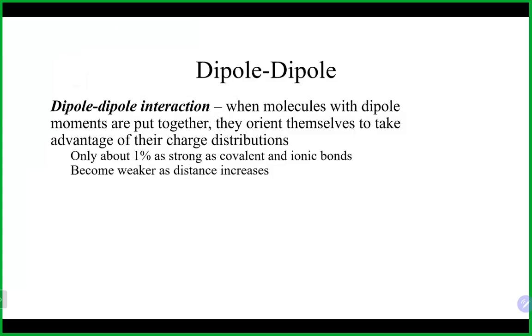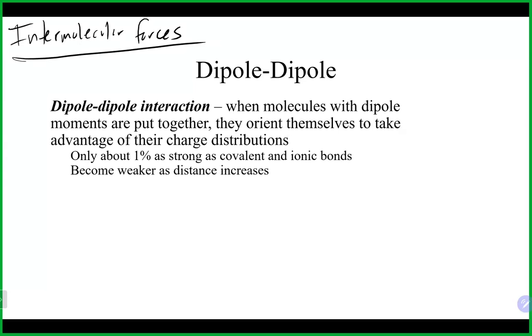So we're going to talk now about some different types of intermolecular forces. These are all intermolecular forces we're going to talk about. The first type of intermolecular force is what is referred to as a dipole-dipole interaction.